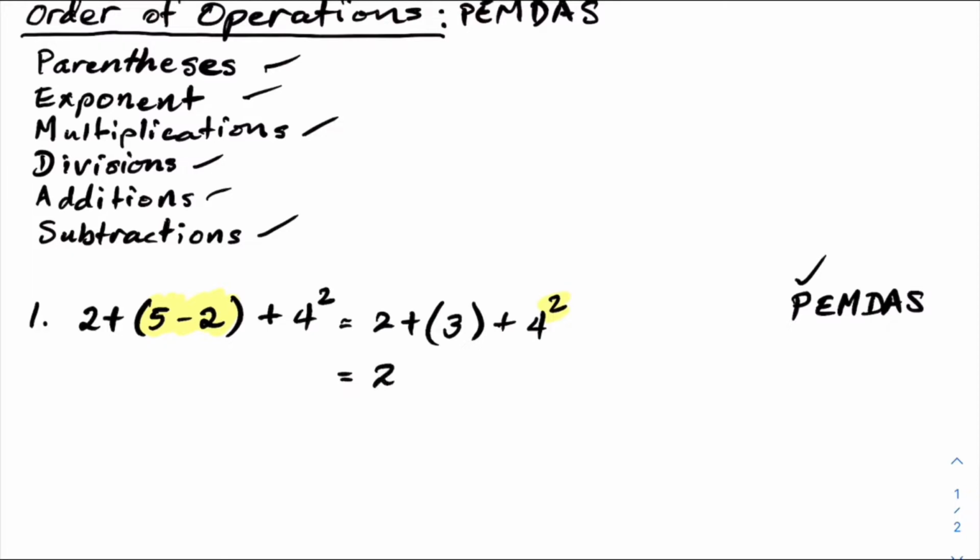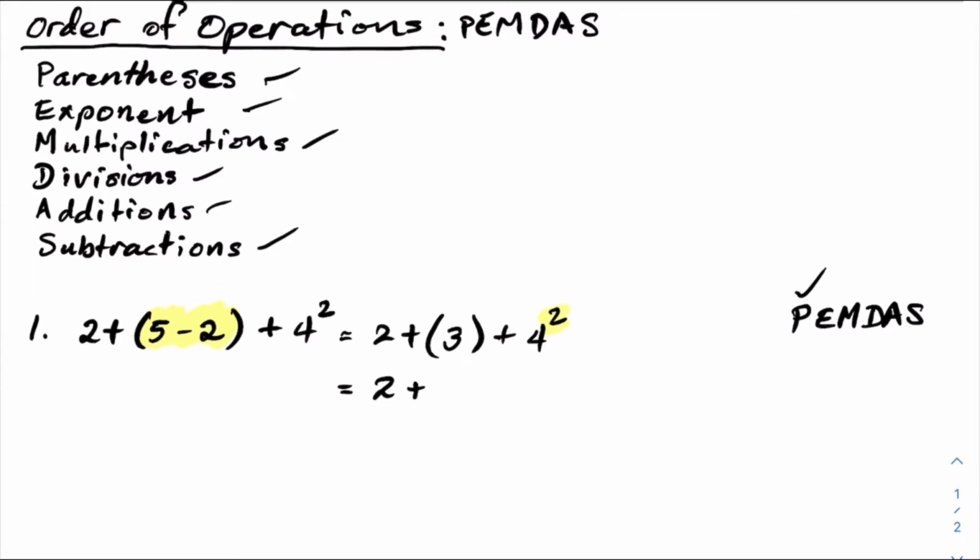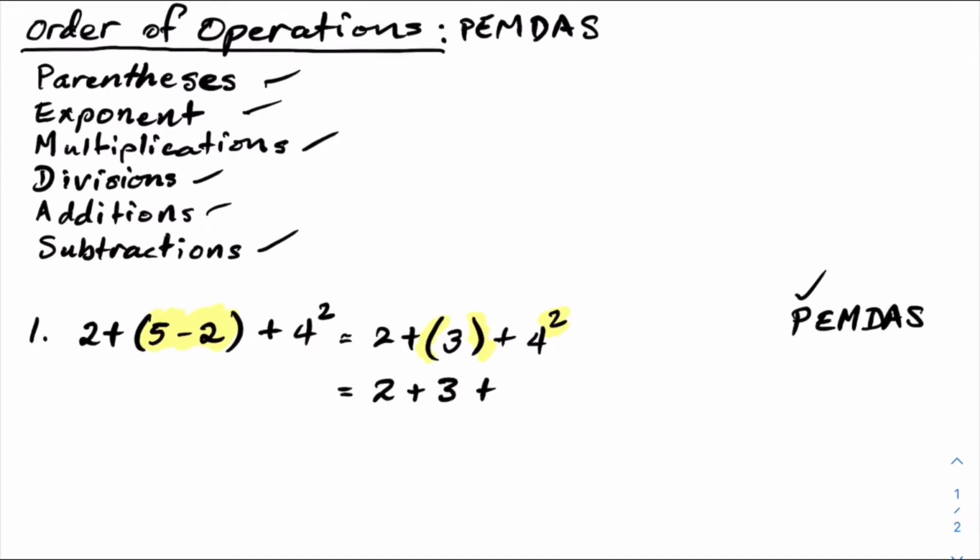Since there's only one number inside the parentheses, we can eliminate the parentheses. So 2 plus 3 plus, 4 squared is the same thing as 4 times 4, which is 16. That's it, and the exponent is done.